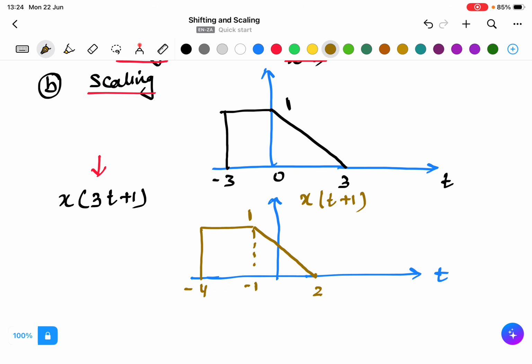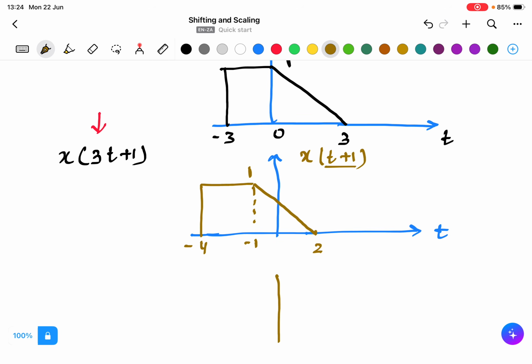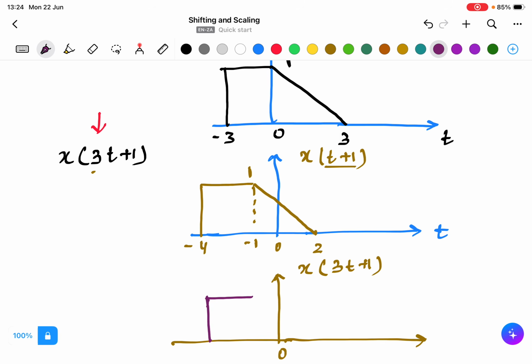Now what you have to do with respect to scaling, you have to scale it. So you will scale this shifted signal. This is 0, this is 0. So x of 3t plus 1, because it's compression, you will compress the signal, and in time domain, remember the amplitude will remain the same.